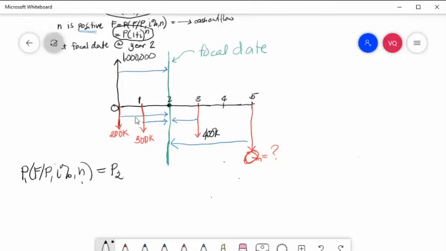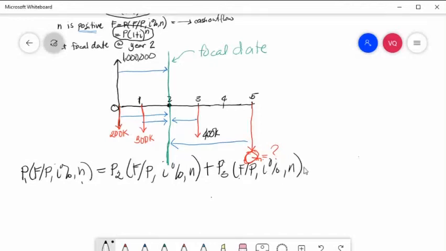Since this is from left to right again, your 200,000, so you will have a positive exponent, F slash P, I percent N, plus 300K positive exponent, P3, F slash P, I percent N, plus your 400,000 is from right to left.